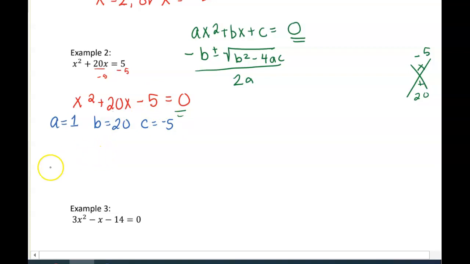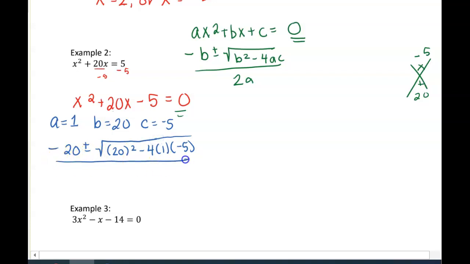Okay, so when I plug it all in, I get negative 20 plus or minus square root of, well, it's b squared minus 4ac, so 20 squared minus 4 times 1 times negative 5, all over 2a.